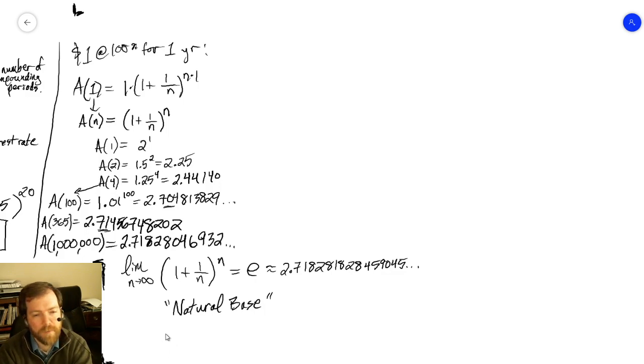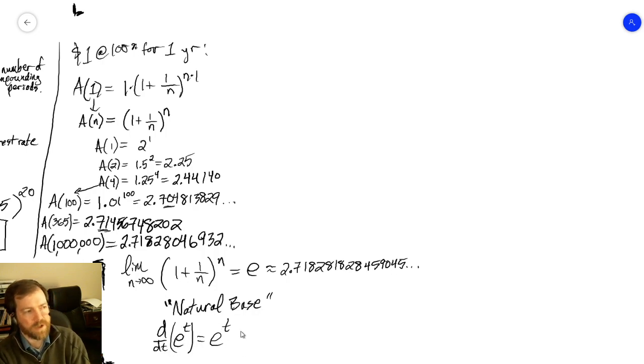Anyway, one of their regulars came on and highlighted the fact that taking the derivative of e to the t ends up getting you e to the t. So you're looking at what is the slope of this particular exponential function. It's the same as the function itself. So it just keeps calling itself over and over again. So this is the natural base because of that.